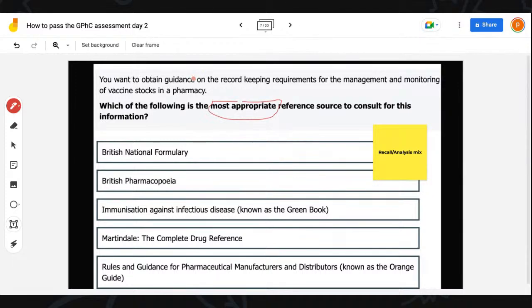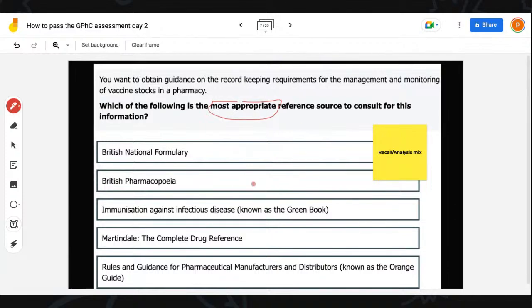At the same time, it's very short, so it could be a recall question. So what this means is, you probably know this from memory, but at the same time, there could be more than one option that has this information, right? There could be more than one option here that you could actually get some of this information from. But there's only one correct answer that is the best option.